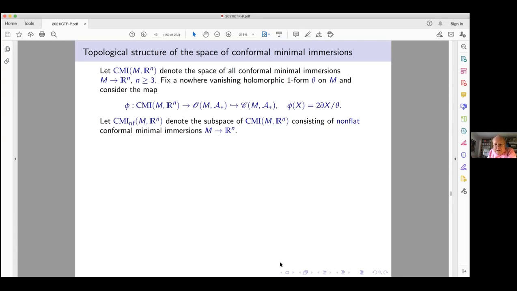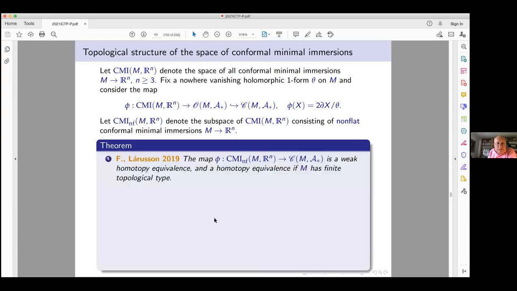Okay, so let's now see the theorem. The first one was that actually this map is a weak homotopy equivalence. And it's a true homotopy equivalence if M has finite topological type. I'm sure that people know what a homotopy equivalence is, right? This means that the two spaces homotopically look the same.